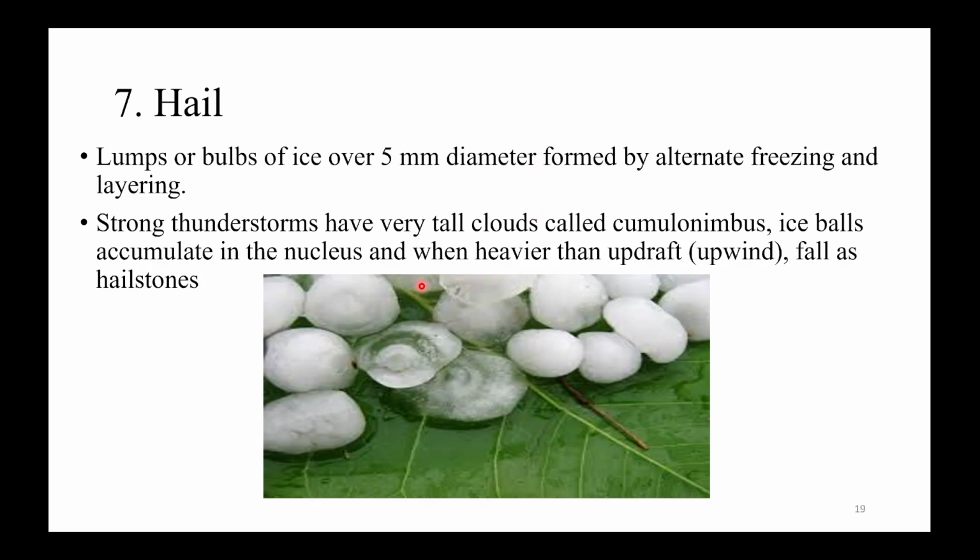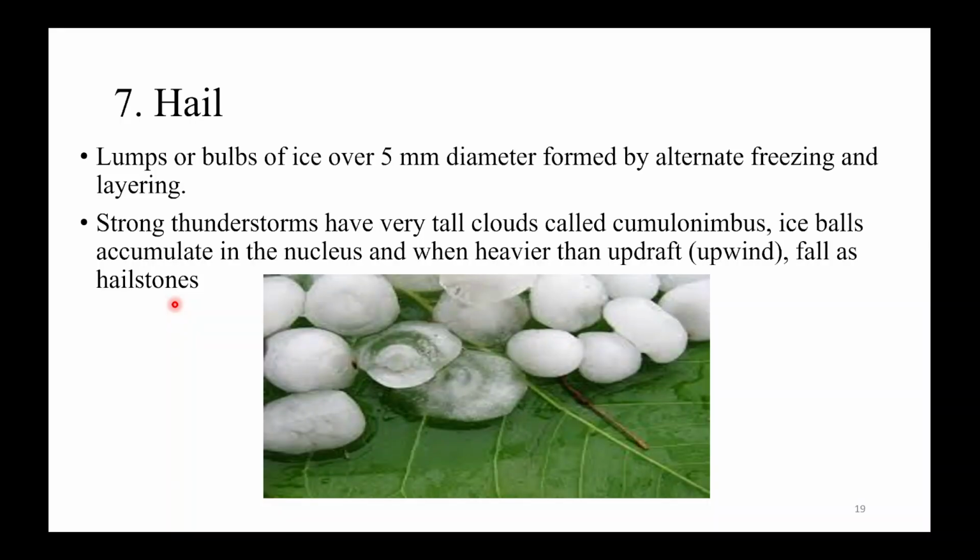They accumulate in the nucleus when they come in contact with condensation nuclei, and then when the updraft, the wind which is flowing vertically upwards, is no longer able to sustain these clouds mid-air, that is when hail falls down towards the earth as hailstones.